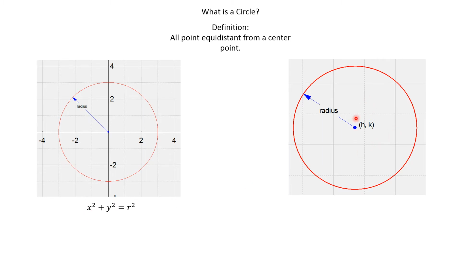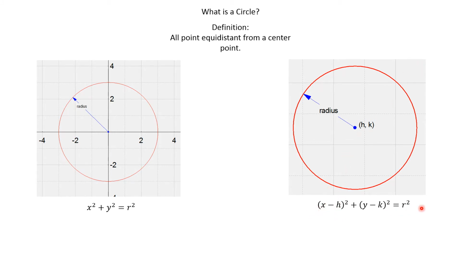And then usually with the y, we would add k just to the end of the function, but we don't have a function. We do the same thing with the k that we would do with the h. So we're going to get x minus h squared plus y minus k squared. And we'll actually see how we've really been doing this all along a bit later. We're not going to look at that today yet.